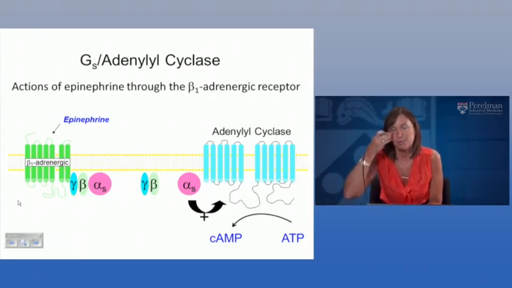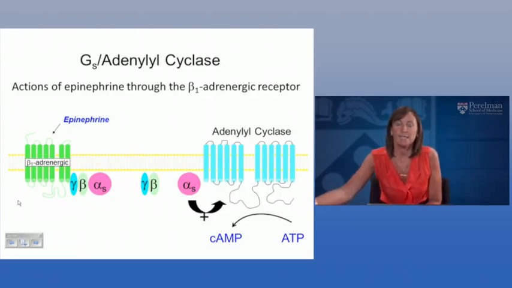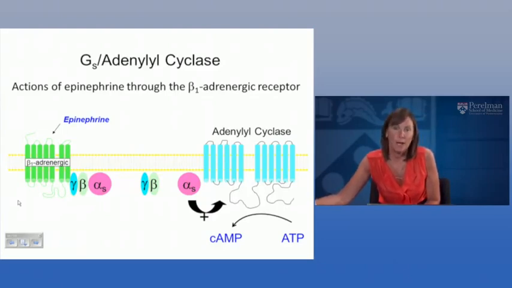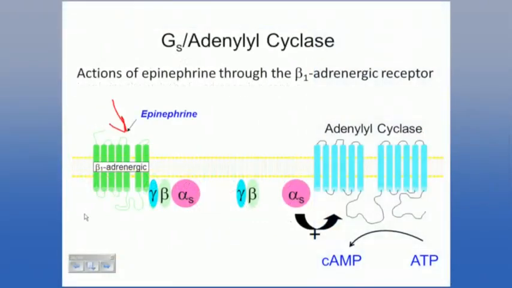So here in this example, epinephrine is binding to the extracellular domain of the G protein coupled receptor. And the example of the receptor in this case is the beta-1 adrenergic receptor. And we're going to talk about subtypes in a second. So beta-1 adrenergic receptor, the natural ligand is epinephrine. It binds to the receptor as shown here.